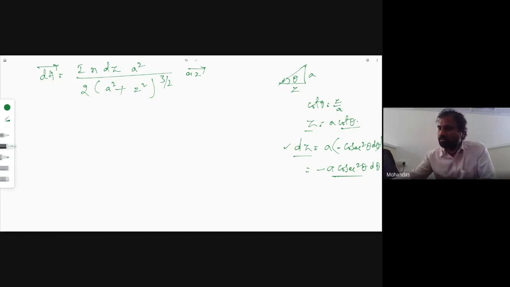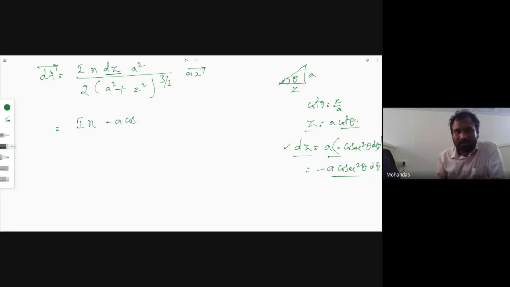Now let us substitute I into n. Instead of dz, let us substitute here minus a cosecant square theta d theta, a square divided by 2 into a square plus, what is the z square value? Instead of z, let us substitute a cot theta.